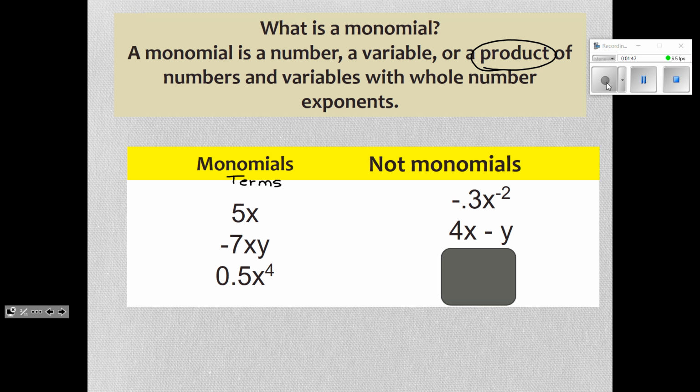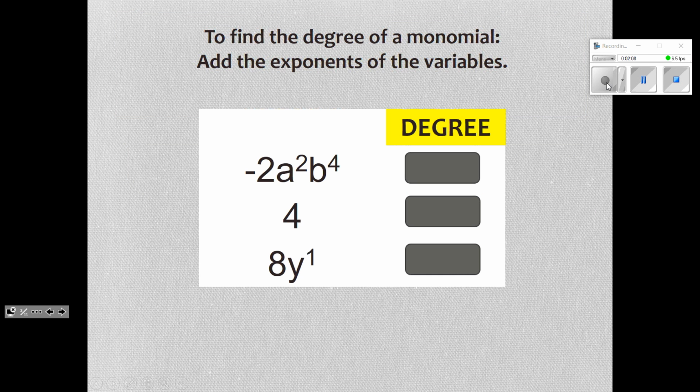You still have a number with a positive exponent on a variable. This one is not, again, because you have a division bar, which is the quotient. So in summary, a monomial is a term where you have numbers and variables being multiplied together, and the variables have to have whole number exponents.